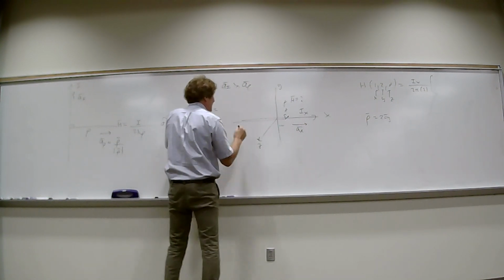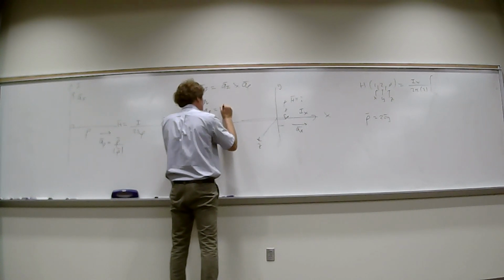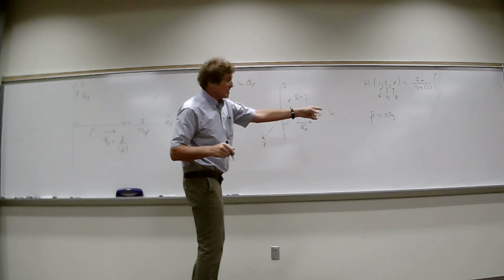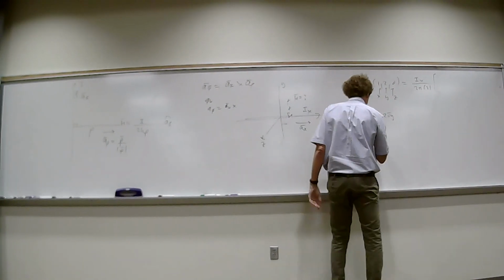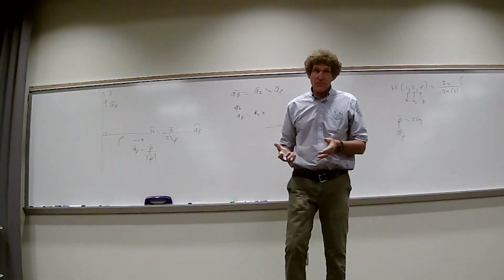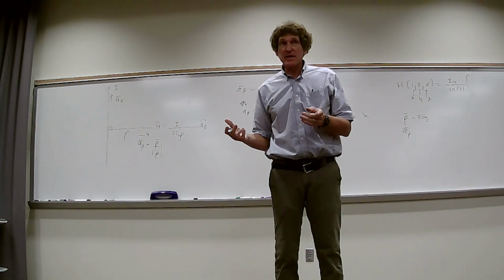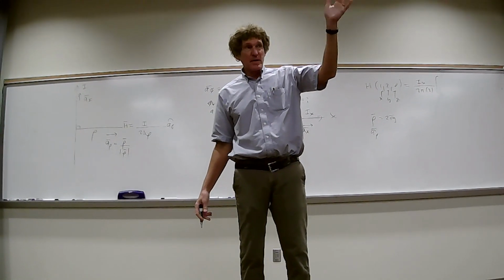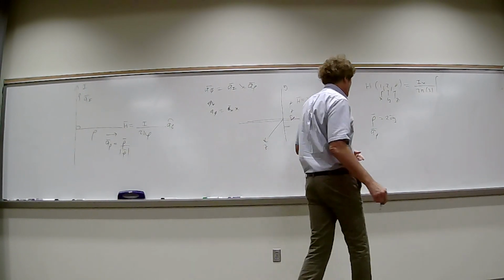Well, it's ai, which you said is ax, right? Crossed into a rho. What is the unit vector a rho, class? It's rho vector over rho magnitude. Can you all see it's just ay? Give me a show of hands if you can. With me on that? Everybody see it? It's just ay.